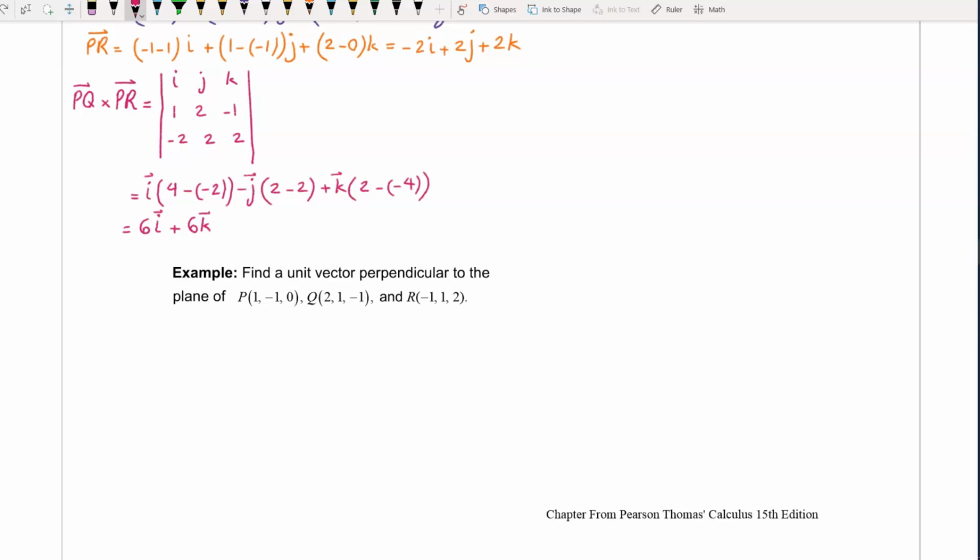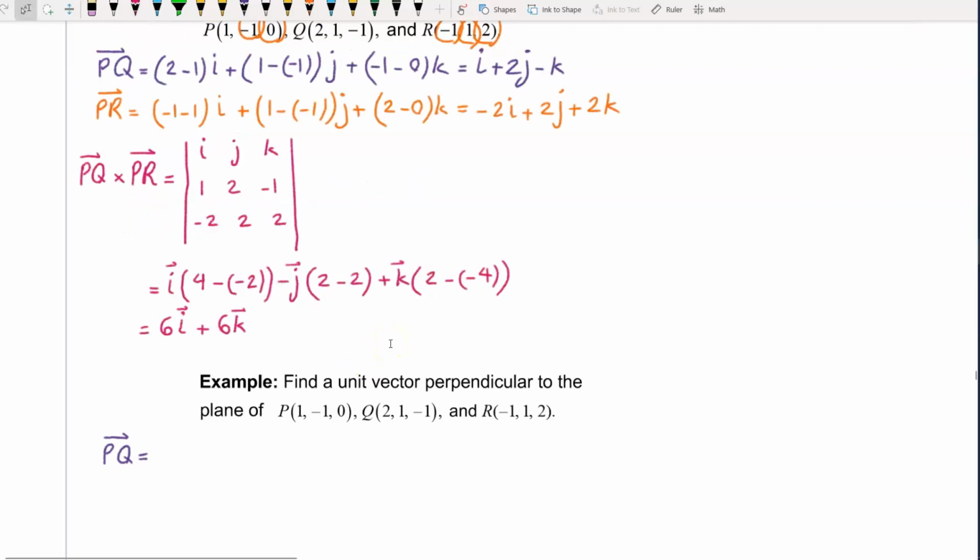So first find 2 vectors in a plane. We can find that by finding vector from P to Q and vector from P to R. So our points that we have here are exactly the same as what we did on top. So we have same numbers, so we have same result for PQ and PR.